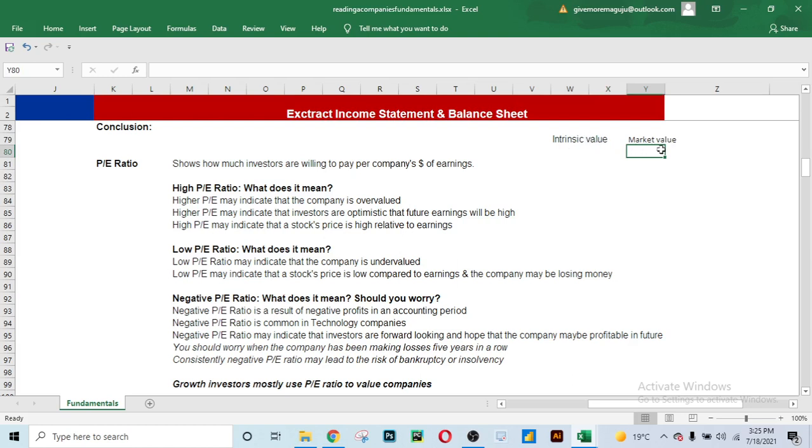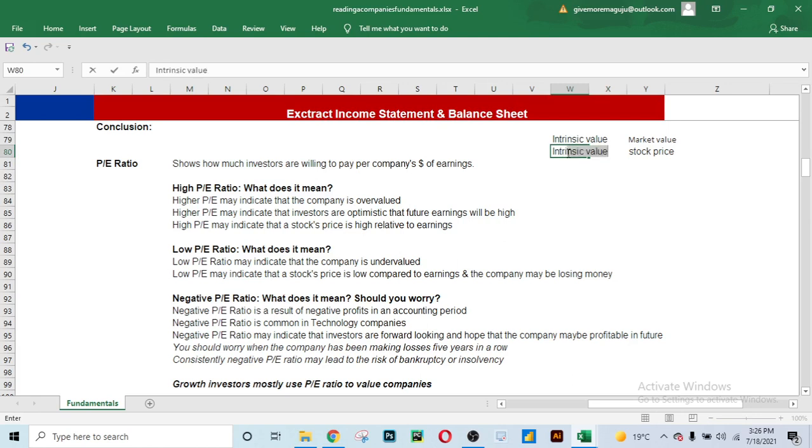Let's say, just as an example, the stock price is less than the intrinsic value.